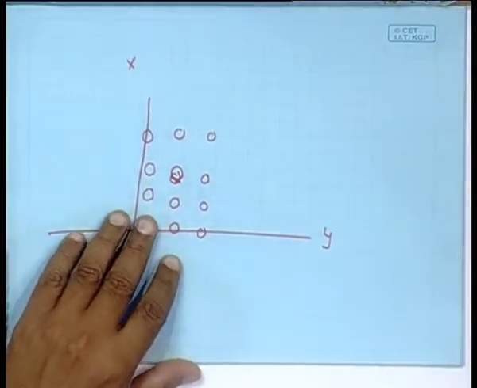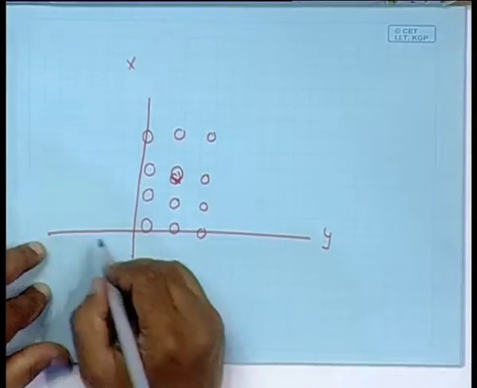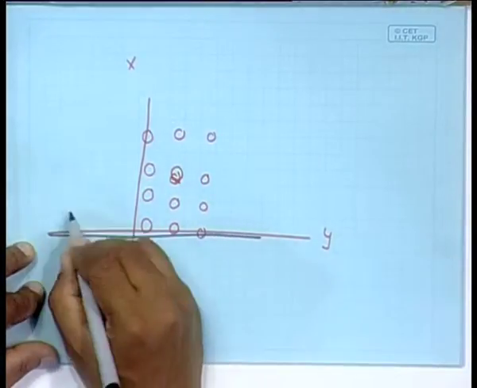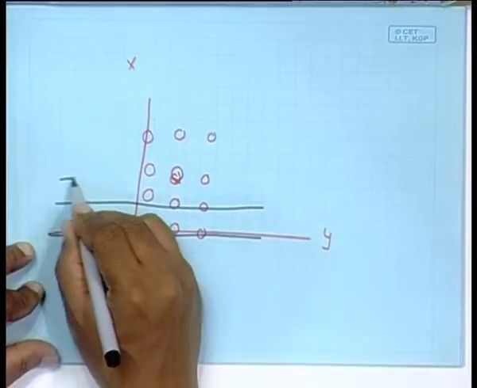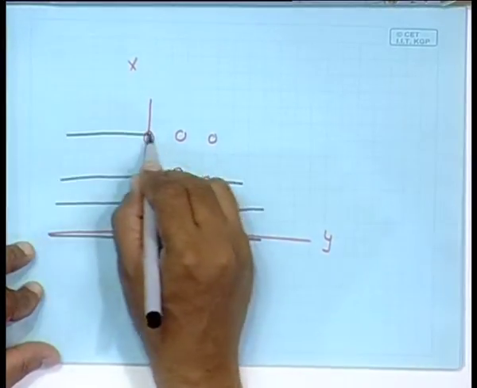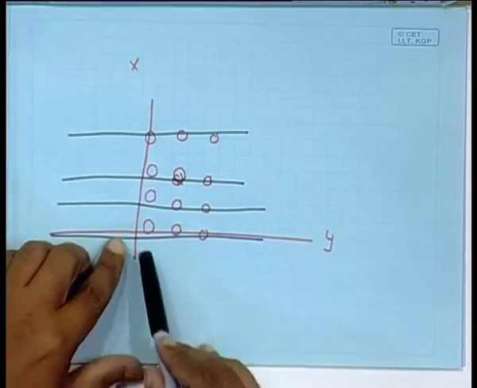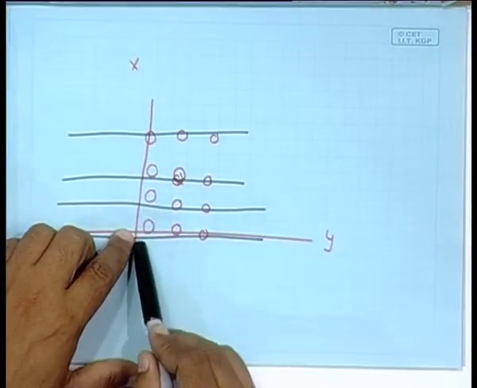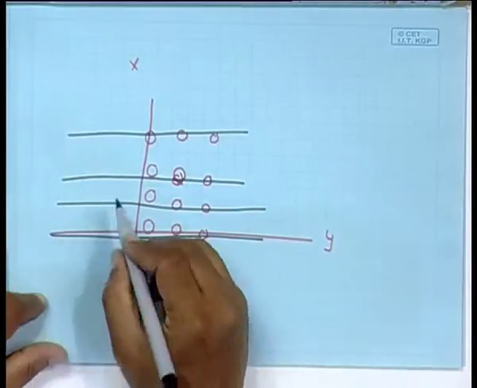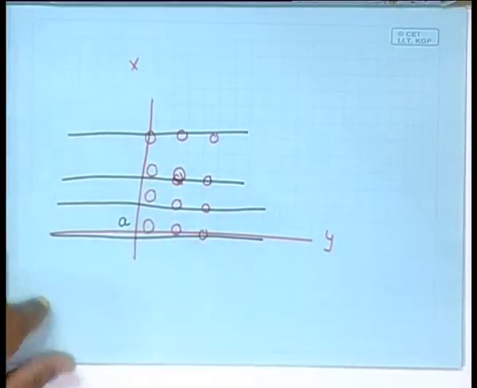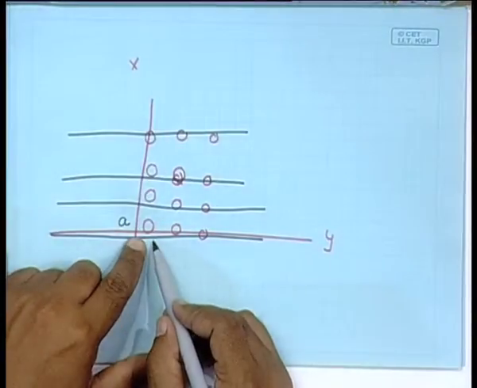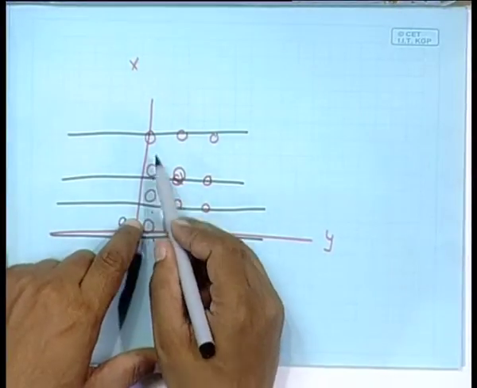Now, I can draw a set of planes through this crystal which go like this, and these planes have intercept unity in terms of the interatomic spacing. They have an intercept unity along the x axis.